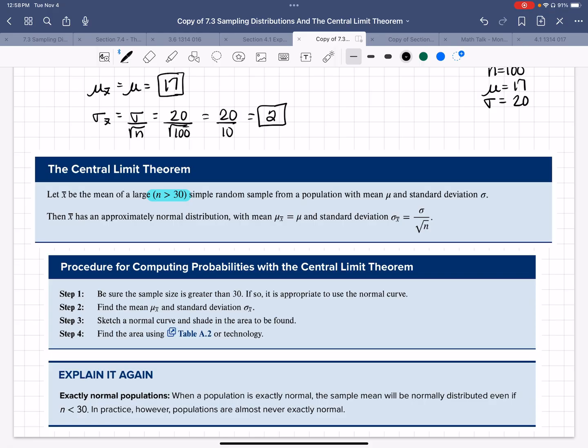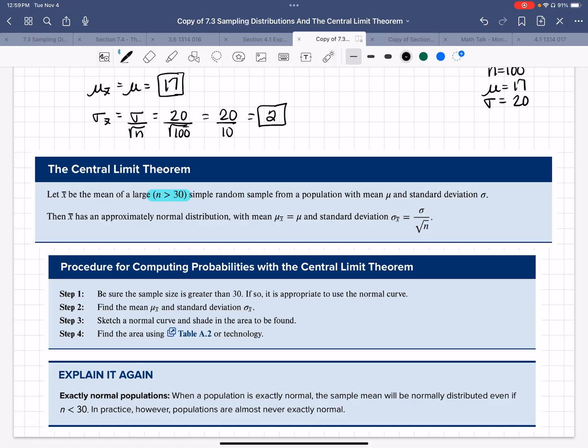Okay, then we can use our normal curve, which means we can use the calculator function, the normal CDF. Even though the simple random sample initially may not be a normal curve, what they're saying is if you make the sample big enough, then it's going to mimic a normal distribution.